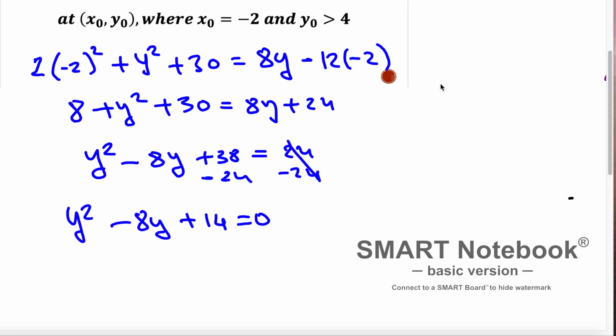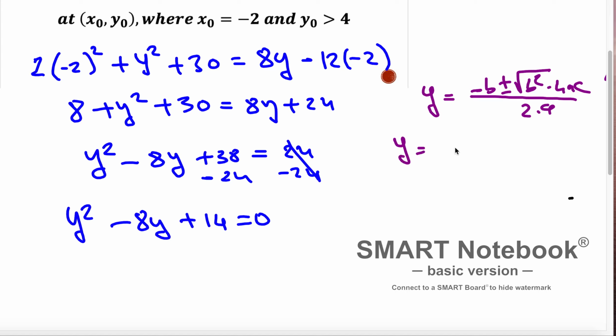Now with the quadratic formula we can solve this equation. The quadratic formula: y is equal to minus b plus or minus the square root of b squared minus 4ac, divided by 2a. And a is 1, b is minus 8, and c is 14.